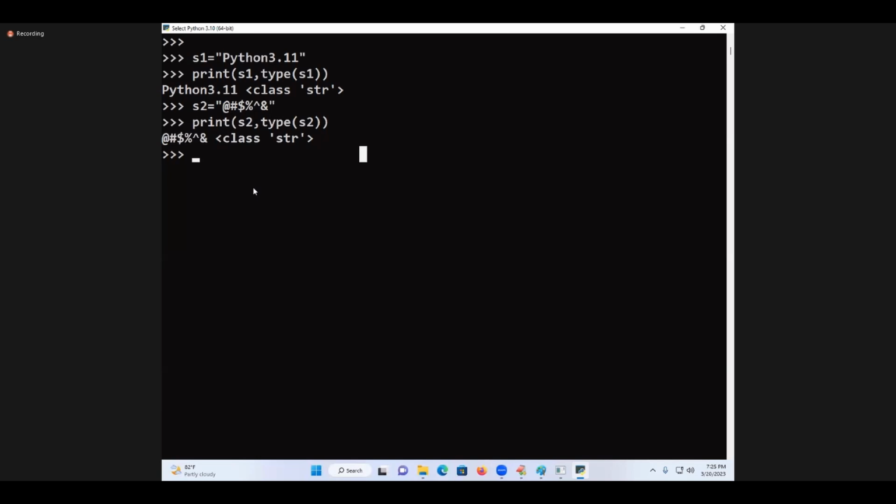Now coming to the point, one more thing I am going to discuss. Students, how many notations are there? Two. Double quotes and single quotes are used for storing single line string data.